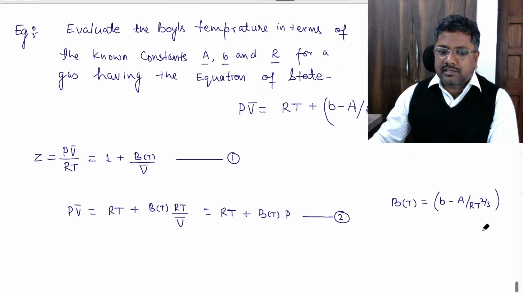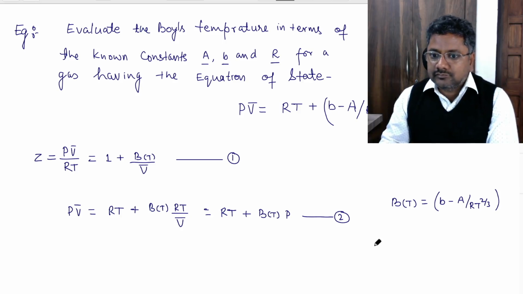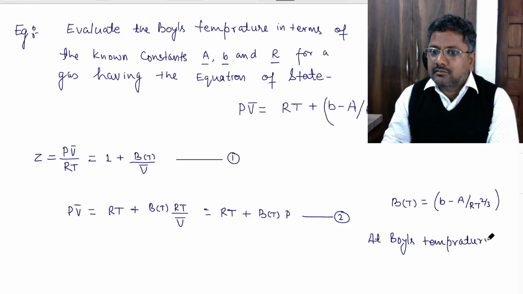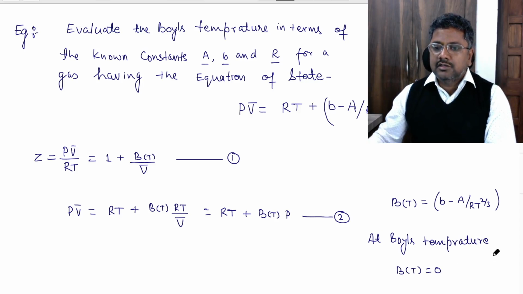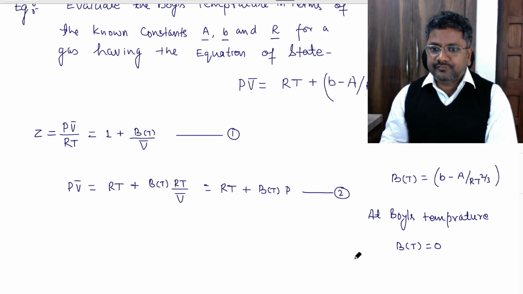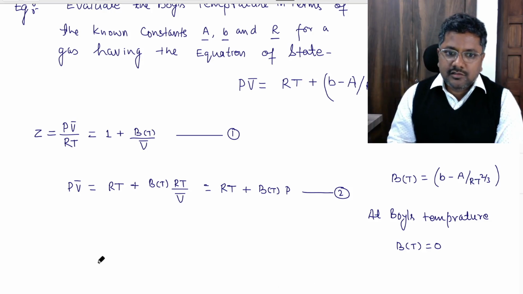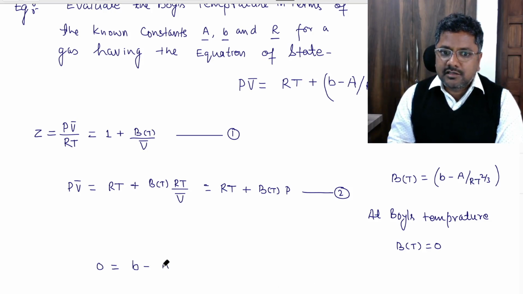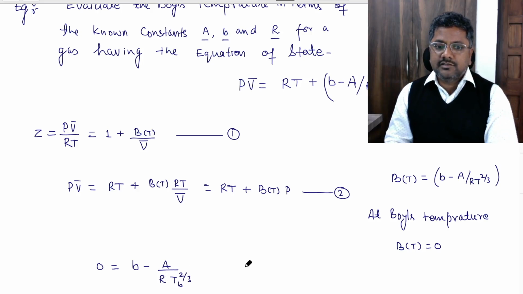And you know, at Boyle's temperature, B is equal to 0. So you can write here 0 is equal to b minus a by R T_B to the power 2 by 3, right?